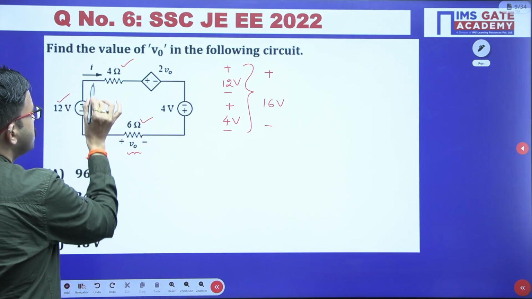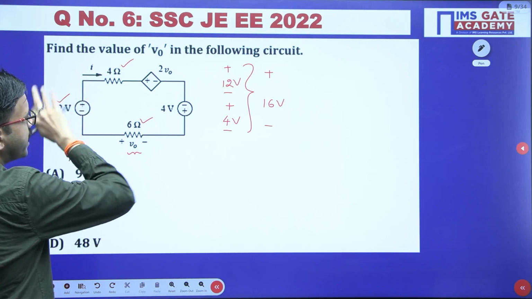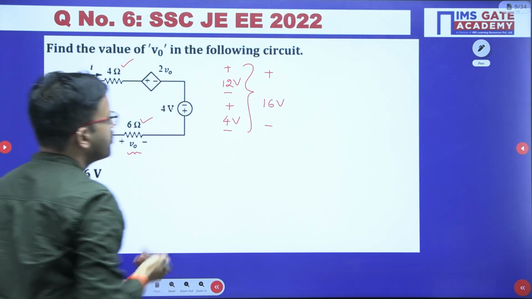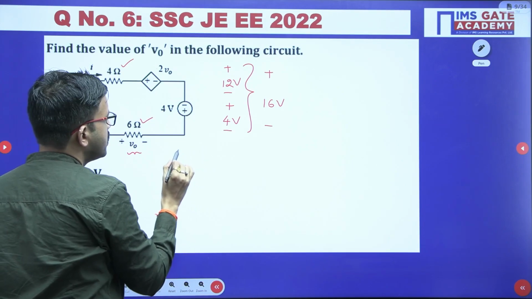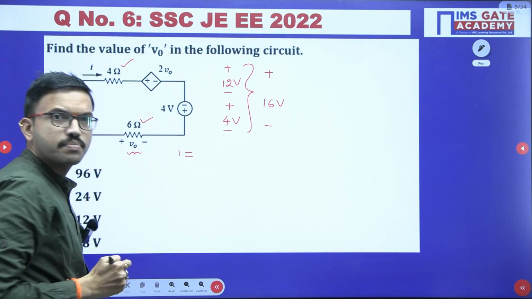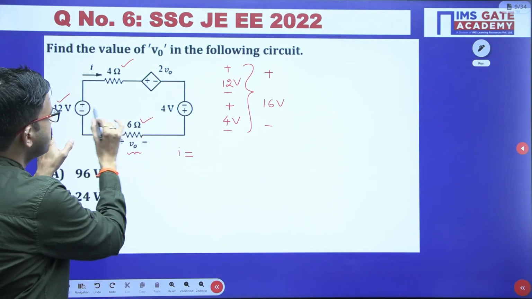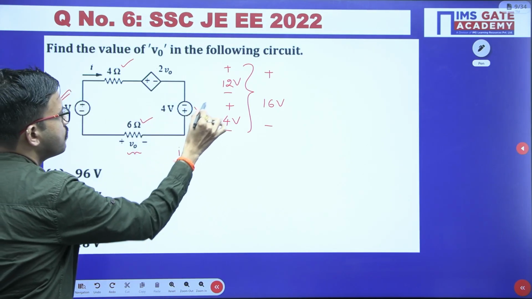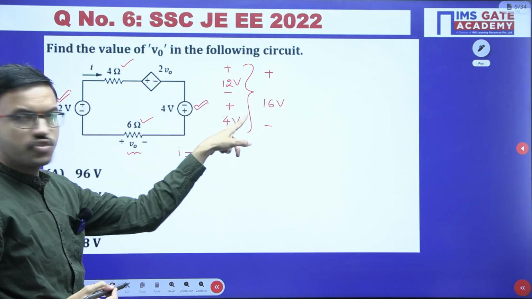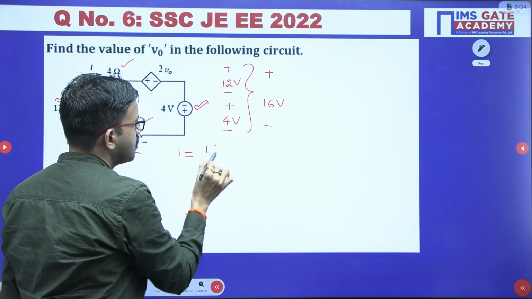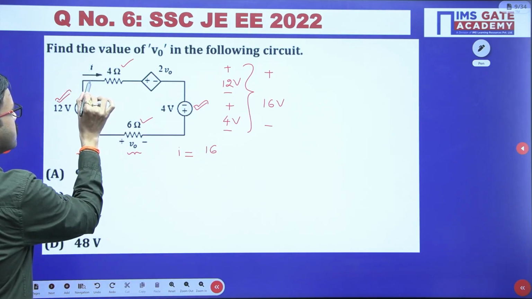Now you can observe the current flowing in this particular circuit. With the help of these two voltage sources, the resultant voltage you got is 16 volt on this particular side.